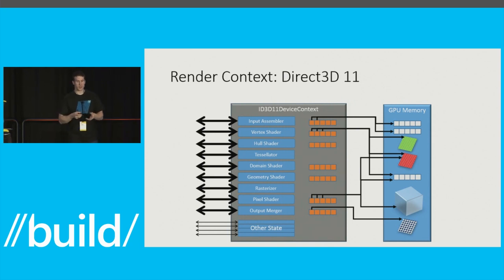Each of those bind points, in turn, refers to resources in GPU memory, everything from buffers to UAVs, constant buffers, textures, render targets, volumes. So we have a fine-grained set of pipeline objects. Each individually can be set and retrieved. We have explicit bind points that are part of the rendering context that each stage can refer to. And then finally, those bind points can refer to a variety of different types of resource.